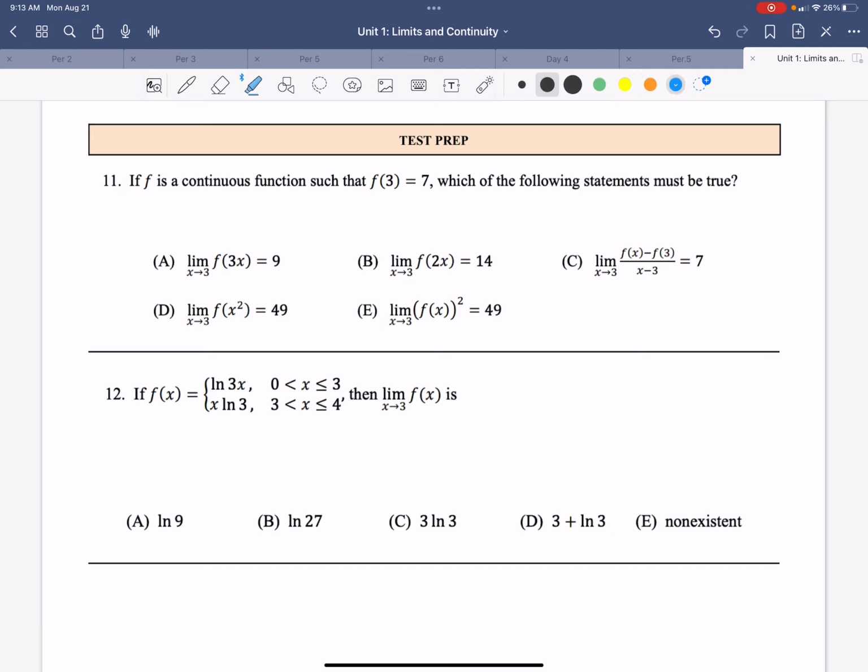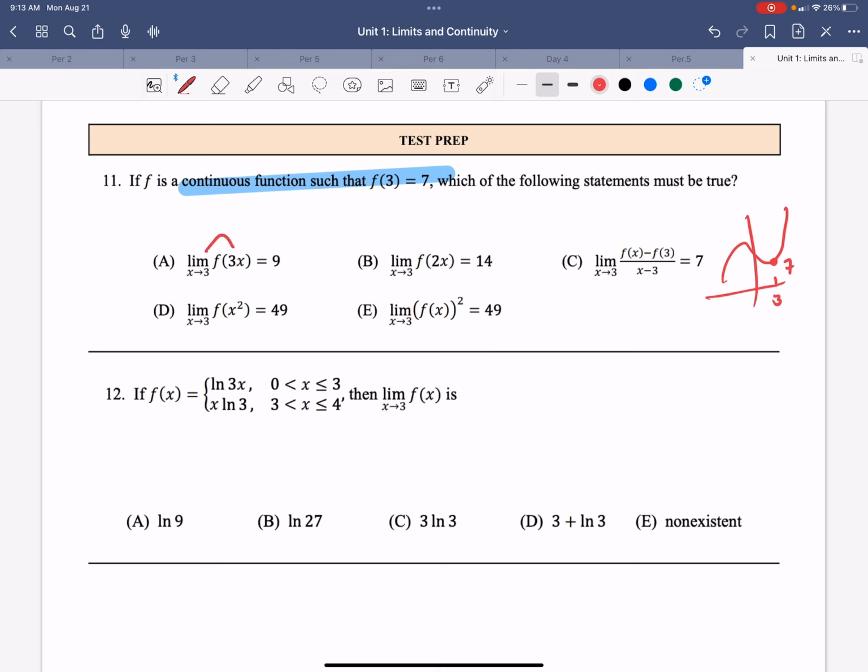It says, if f is a continuous function where f of 3 equals 7, which of the following statements must be true? All we know is that f is continuous and that f of 3 equals 7, so there are no breaks. No matter what our graph looks like, at 3 we're going to have 7, and there is no break.